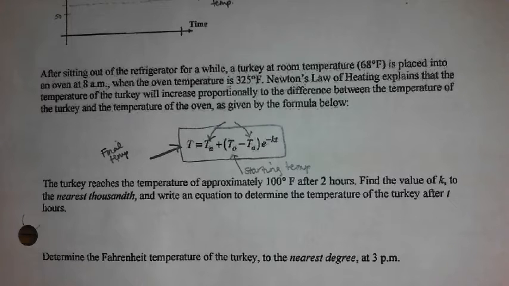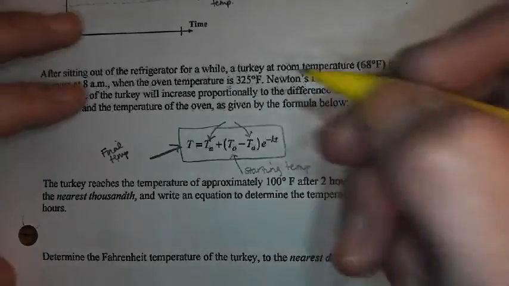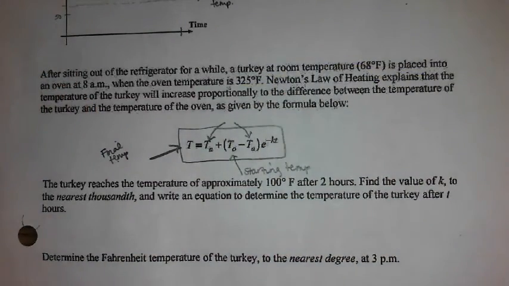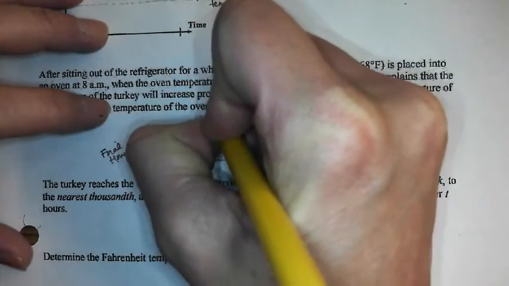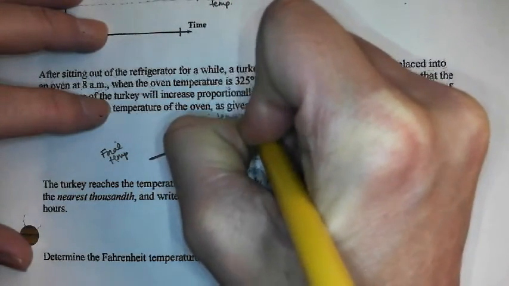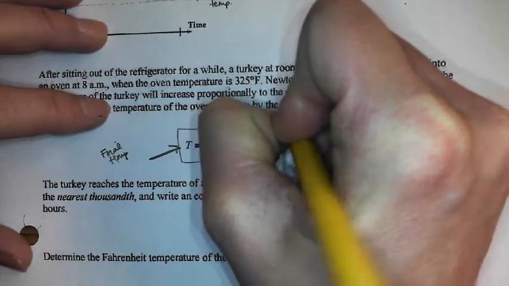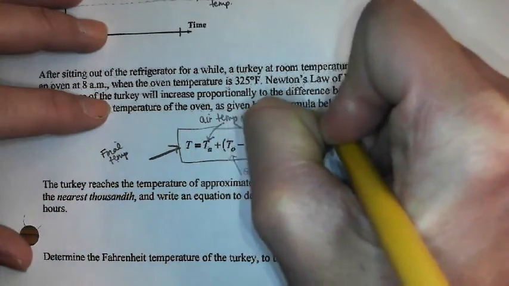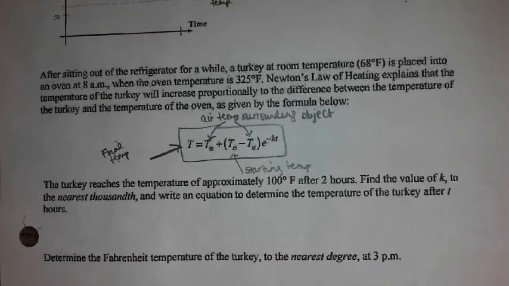It's the temperature of the space that is surrounding the object that's either cooling off or warming up. In this case, that space is the oven. So I would say maybe like the air temperature surrounding the object. So that, in this case, will be the temperature of the oven.